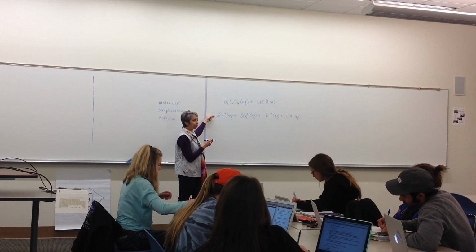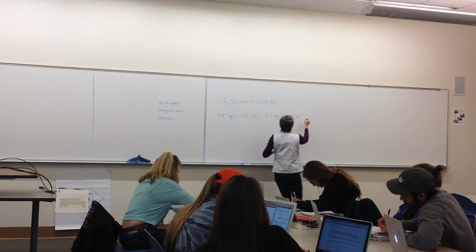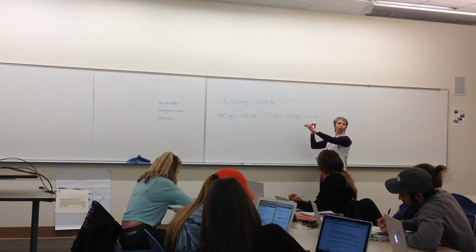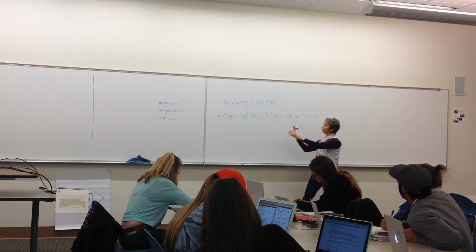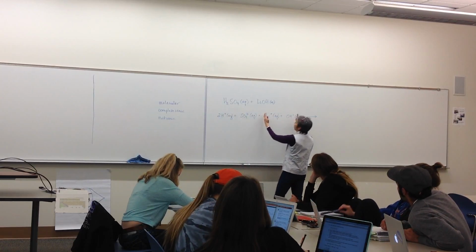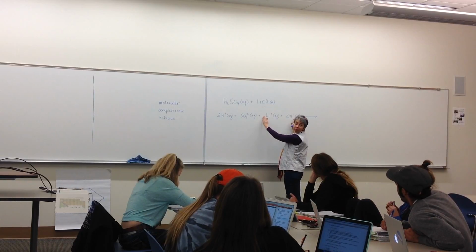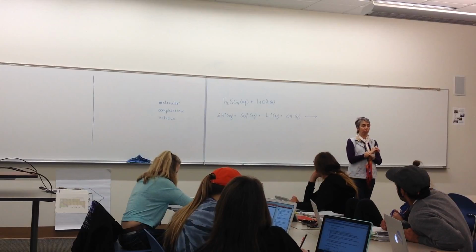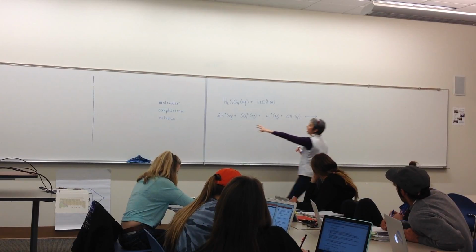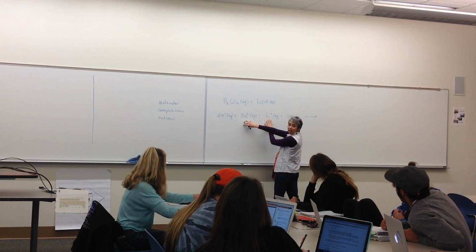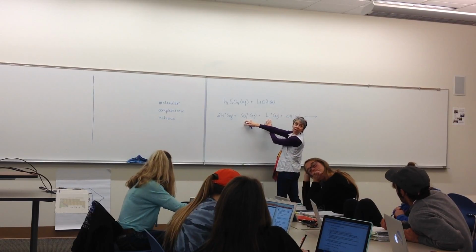The reason I like the complete ionic form is because it shows us what is there to possibly react. So when we start, this is in a beaker all by itself, and this is in another beaker all by itself. When we combine them, we have some new possible combinations. We can take this cation and this anion, and this cation and that anion, and ask, would anything happen?